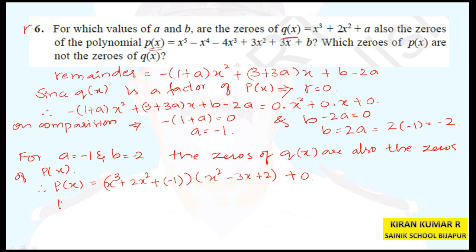So let us now further write this p of x as x cube plus 2x square minus 1 times of this term x square minus 3x plus 2, this particular expression, I can split the middle term. If you split the middle term, you can write this -3 as -2 and -1.